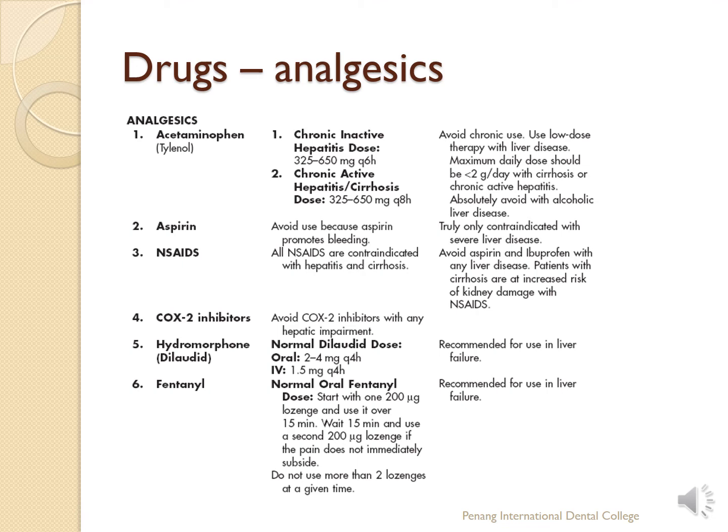NSAIDs should be contraindicated. Avoid aspirin and ibuprofen with any liver disease. Patients with cirrhosis are at increased risk of kidney damage with NSAIDs. Here they have even recommended that COX-2 inhibitors be avoided, and instead they say you add hydromorphone for use in liver failure.